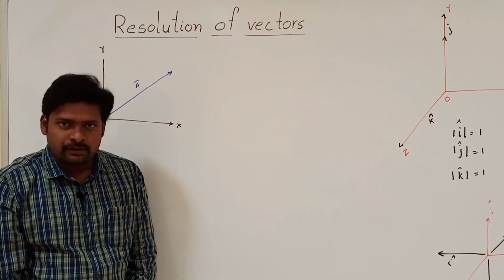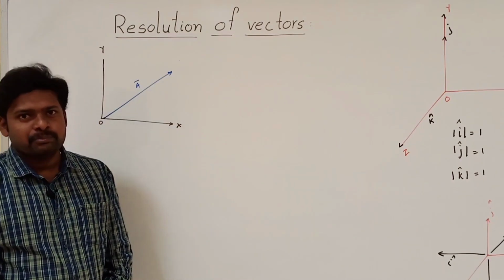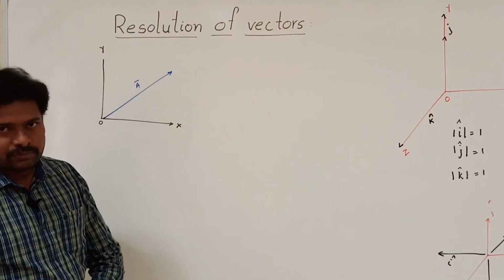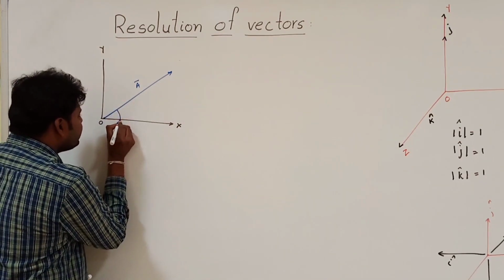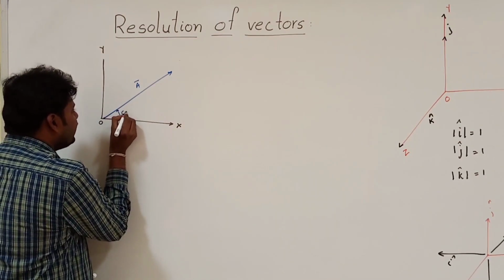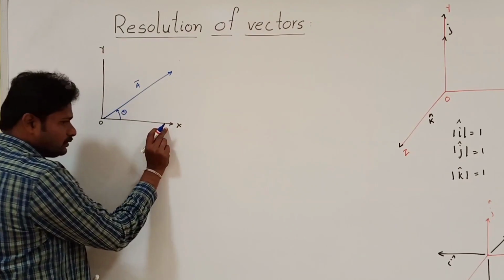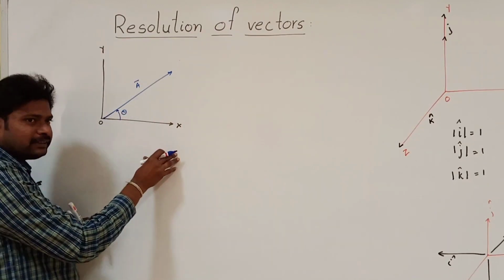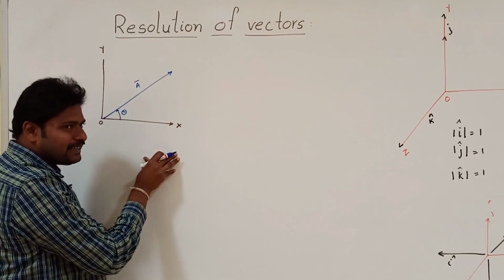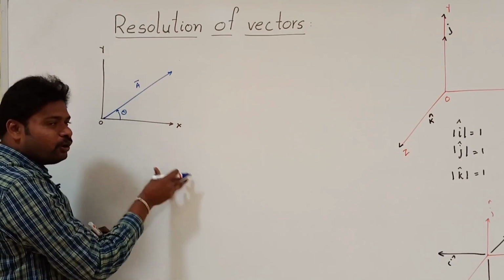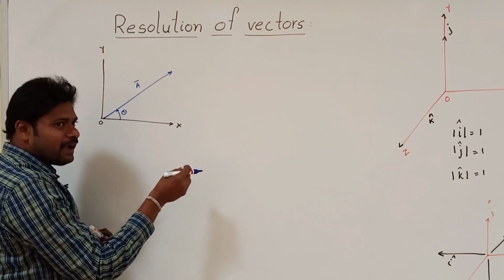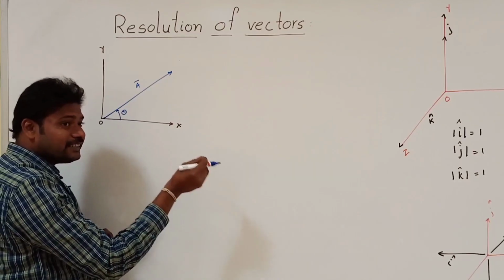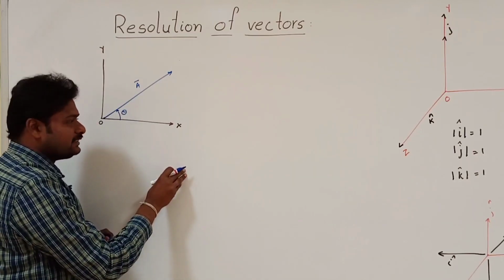Of course, if you take it from the y-axis also it can be correct, but accordingly the procedure has to be changed. So theta, vector A is making an angle theta with the positive x-axis. In order to go with the proper method, we will take the positive x-axis as a reference, and if all the vectors are considered, we also take the angle from the same axis, the positive x-axis.